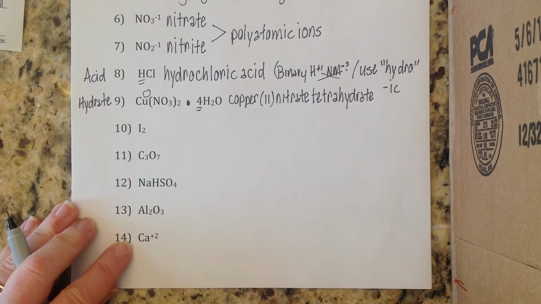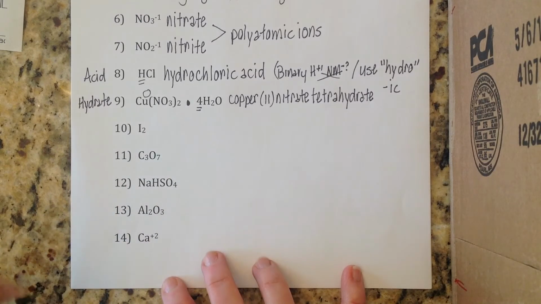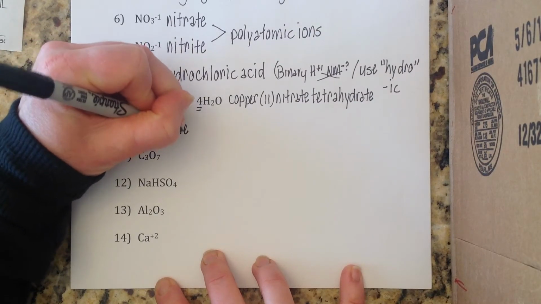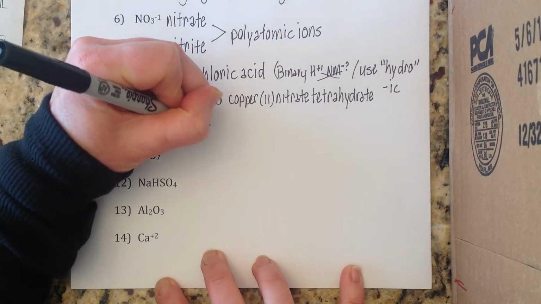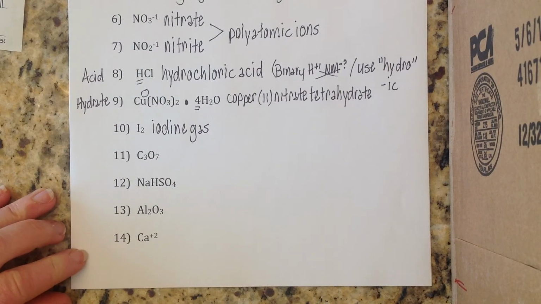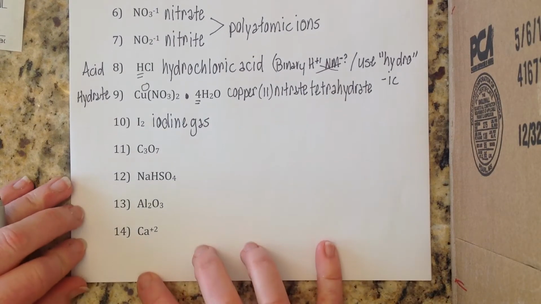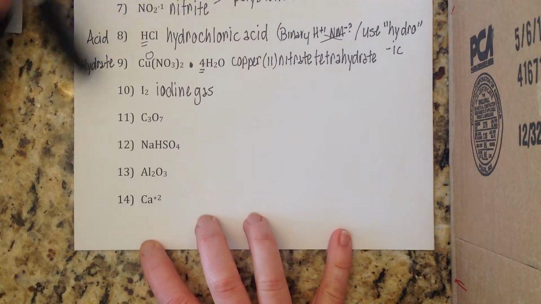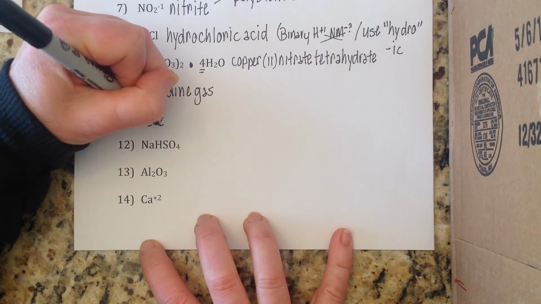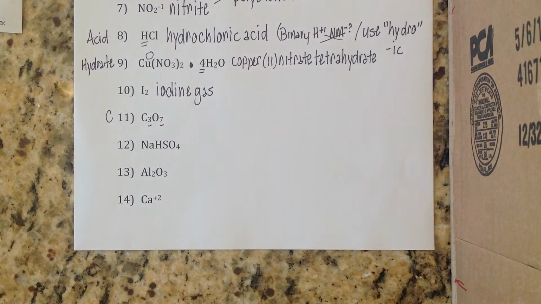Now, number 10, I2, that is one of my special diatomic gases. That is iodine gas. And also notice we don't change the ending of the element name. When it's a gas, we just say the name of the element and gas. That's it. Number 11 is a covalent compound. Because of that, these little subscripts are just going to turn into my prefixes.